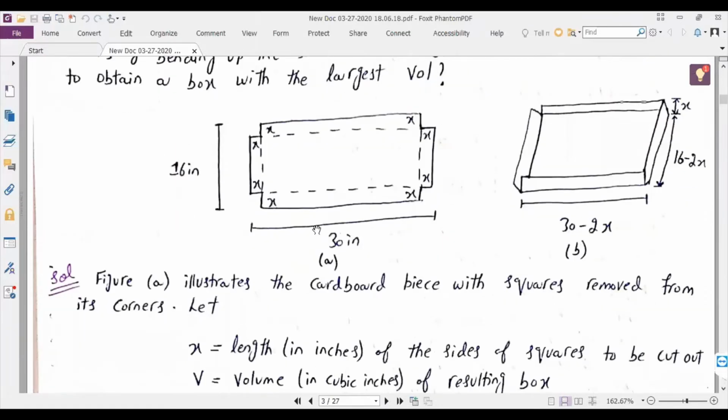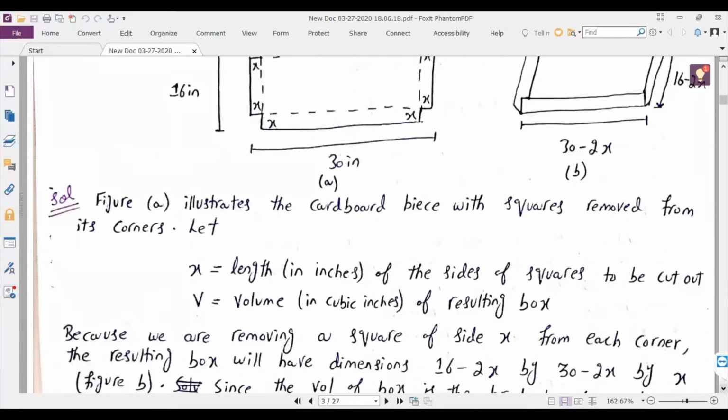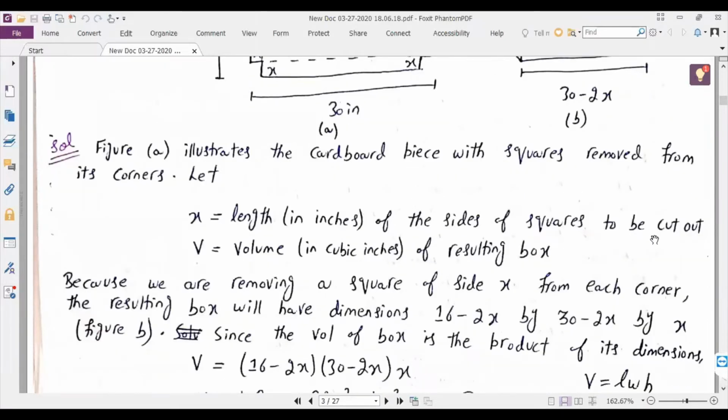Figure A illustrates the cardboard piece with squares removed from its corners. Now x represents the length of the sides of the squares to be cut out, and V is the volume of the resulting box. Because we are removing a square of side x from each corner, the resulting box will have dimensions 16 - 2x by 30 - 2x by x.